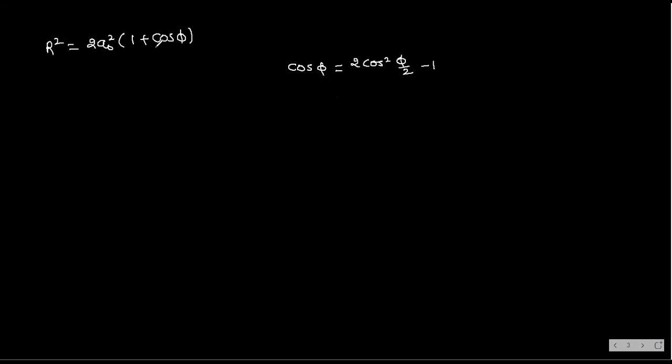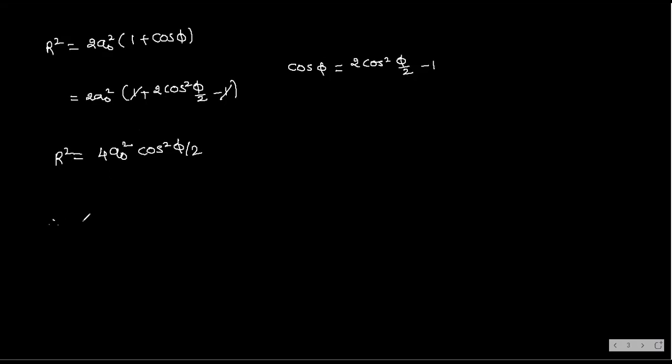So let's substitute here. This is equal to 2A0 square into bracket 1 plus 2 cos square phi by 2 minus 1. So this minus 1 and this plus 1 will get cancelled. Now what is left here? 4A naught square, this 2A naught square into 2, 4A naught square cos square phi by 2. This is what your r square.